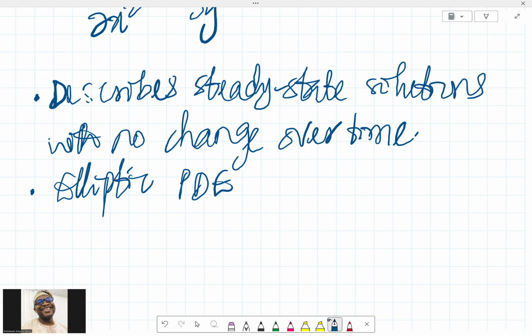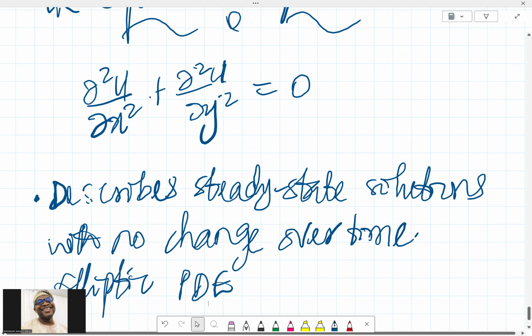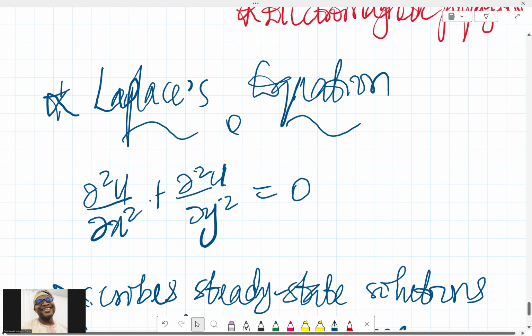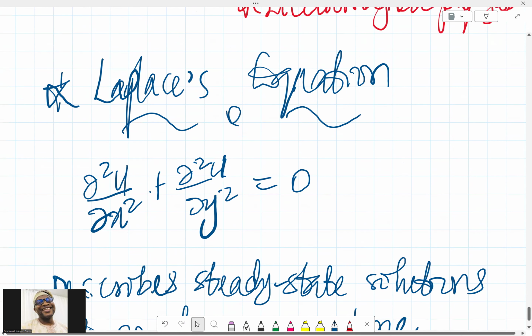What makes it elliptic? The way to know that is to write it in the standard form, where we have a d squared u dx squared plus 2b d squared u dx dy plus c d squared u dy squared. It's almost in that shape, except that we just need to insert the dx dy part.